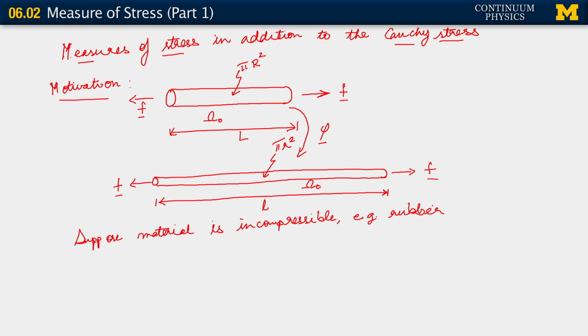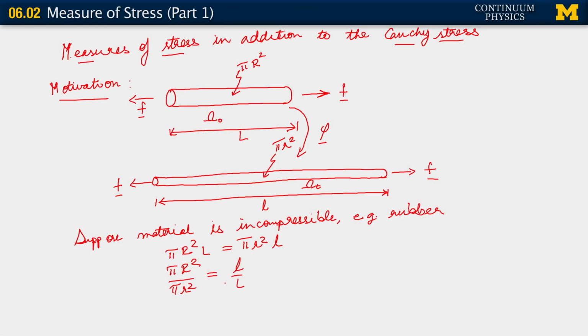Okay. So, well, what happens here is that we are going to have pi r square, L equals pi little r square little l, okay? And therefore, if you look at the ratio of initial to final cross-sectional areas, it is in this ratio of little l to capital L, okay?